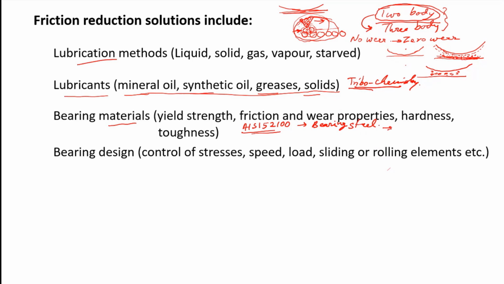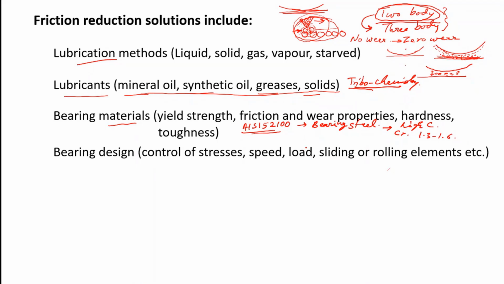This bearing steel has high carbon, and it has lots of chromium. So chromium is 1.3 to 1.6. Other than that, it has manganese and silicon and so on.